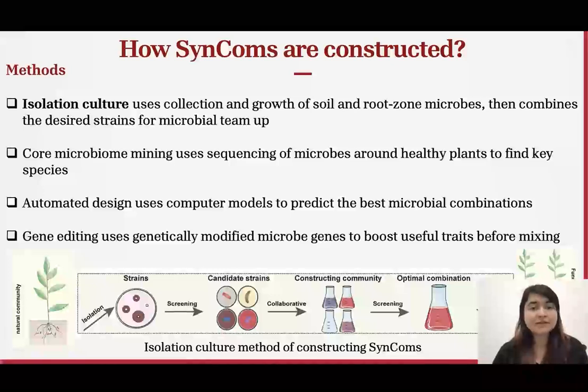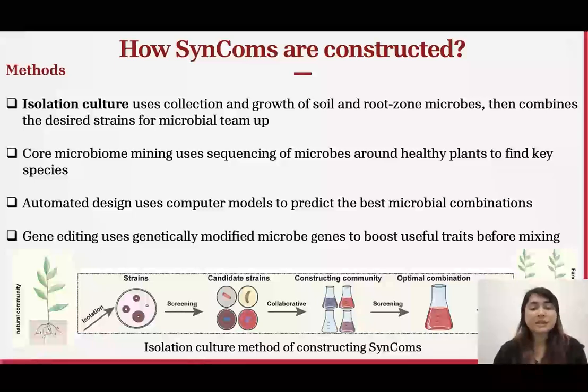Each strain is then screened for traits you care about, say nitrogen fixation, antifungal activity, or hormone production. The top candidates are combined in small consortia. Through iterative mix-and-match screening, as shown in the picture below, you can whittle down dozens of possible mixes to an optimal multi-strain cocktail that stays stable in culture.